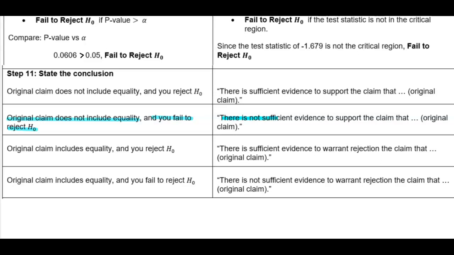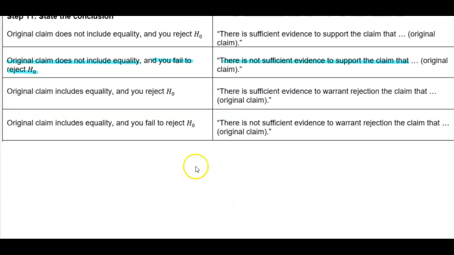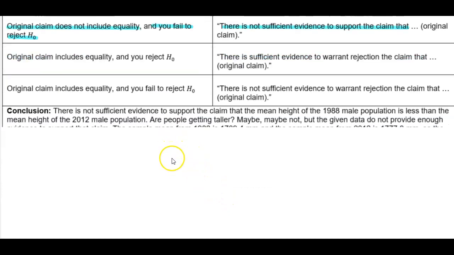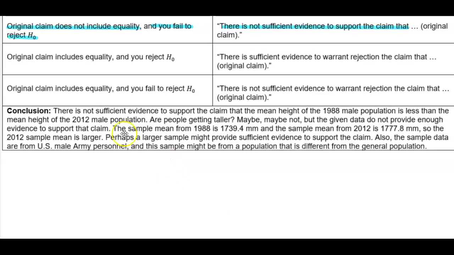So there is not sufficient evidence to support the claim that the mean height of the 1988 male population is less than the mean height of the 2012 male population.